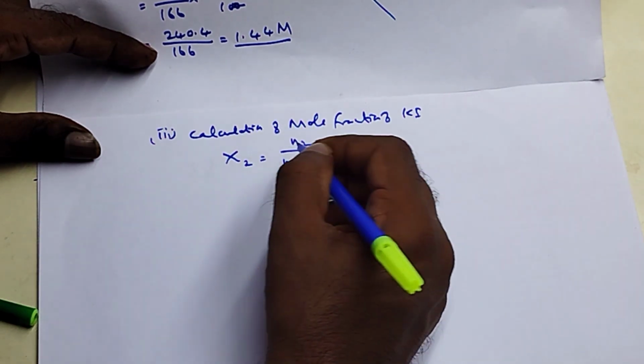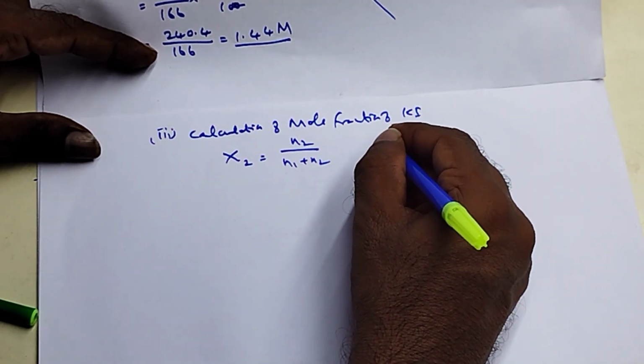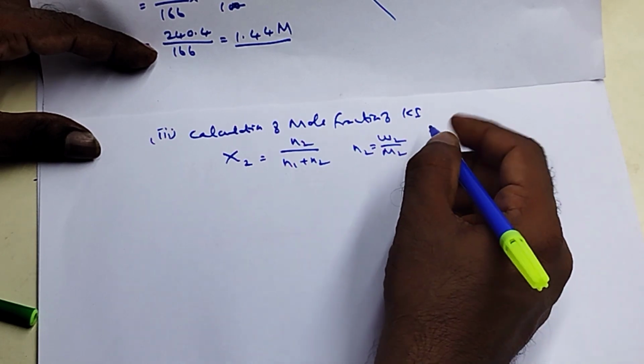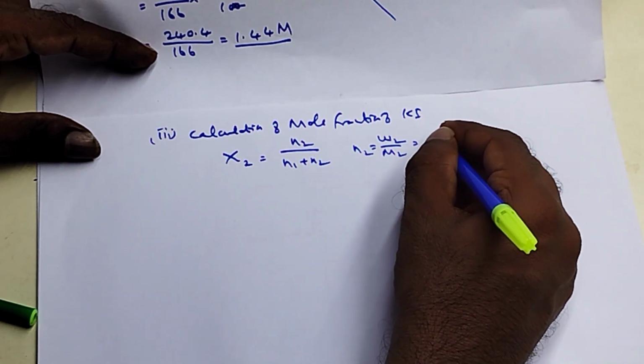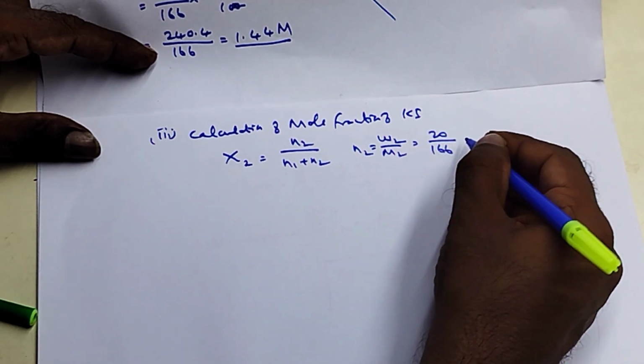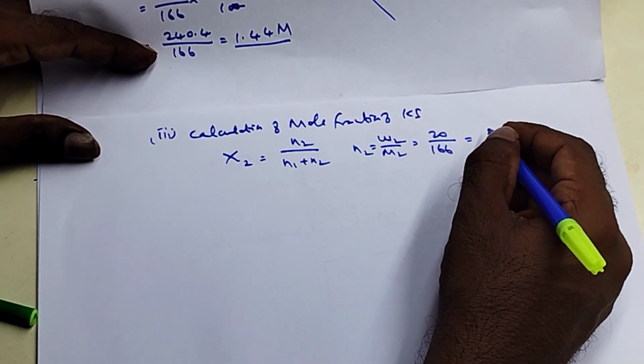This is the formula for calculating the mole fraction of KI. N2 is W2 by M2. You can substitute: mass of solute is 20 grams by molar mass 166. If you simplify it, it is 0.120.